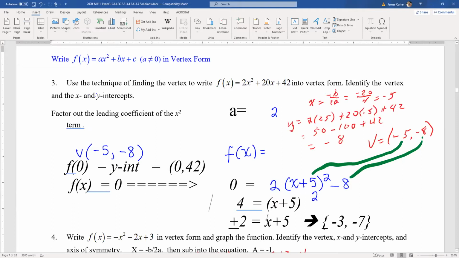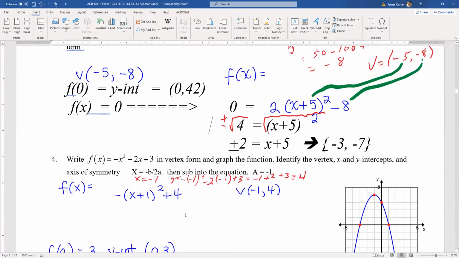Take the square root of both sides, plus or minus. So we get plus or minus 2 equals x plus 5, which gives us the values -3 and -7.